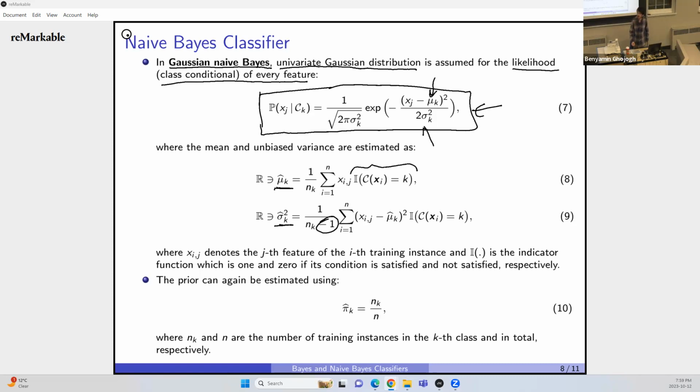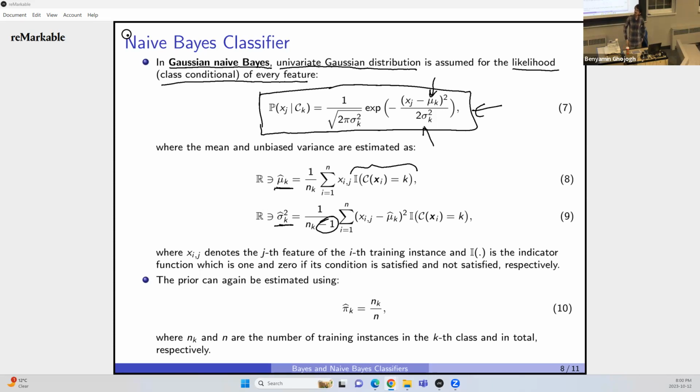And what are these? This is an indicator function saying whether the point belongs to this class or not. Note that these have subscript k. So for the kth class, how many of these equations do I have? I have d of them, because I have d features.